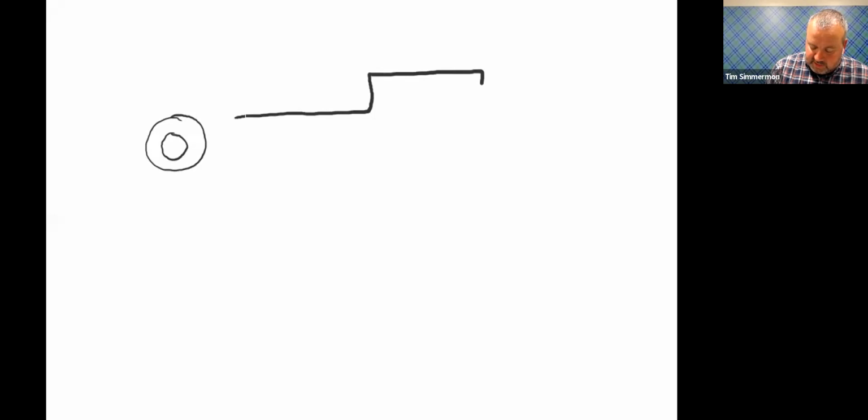So if we were to look at a part, let's just say I'm gonna draw the left side of the part, and it's gonna have a hole going through the middle of it. I can draw a heck of a lot better using CAD than I can by hand, so don't judge me. And if we were to look at the right side view of the part, let's just say it goes like this.